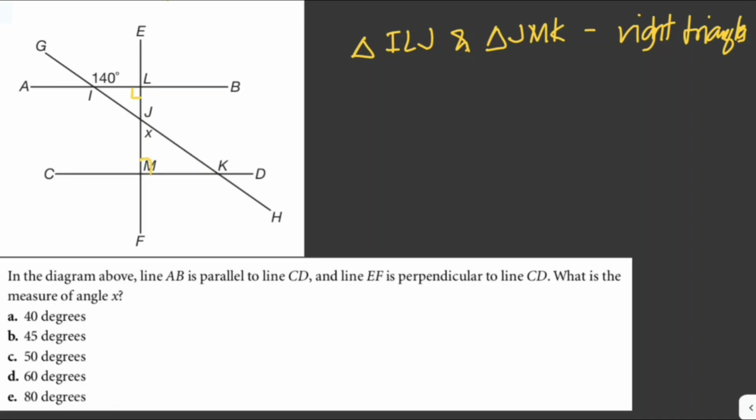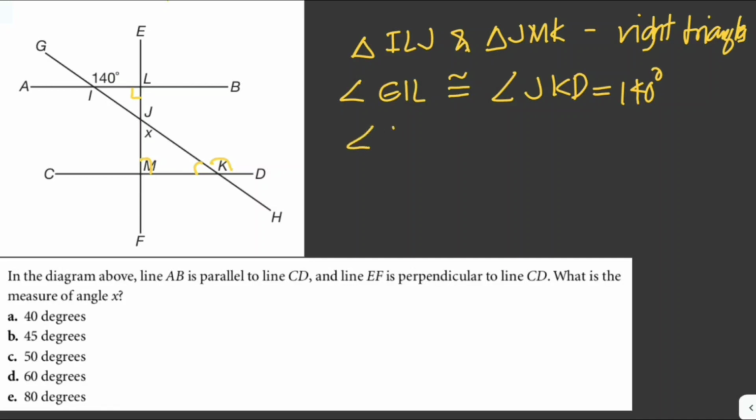And since lines AB and CD are parallel and cut by transversal GH, that means angle GIL is congruent to angle JKD, which is equal to 140 degrees. And angles JKD and JKM are supplementary angles, so their sum is equal to 180 degrees.